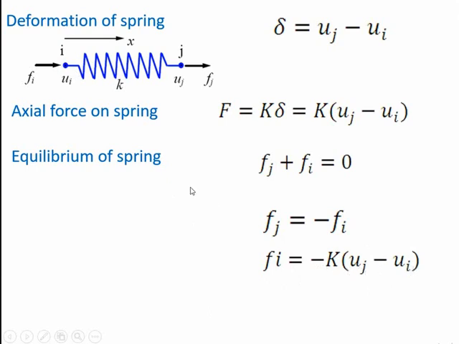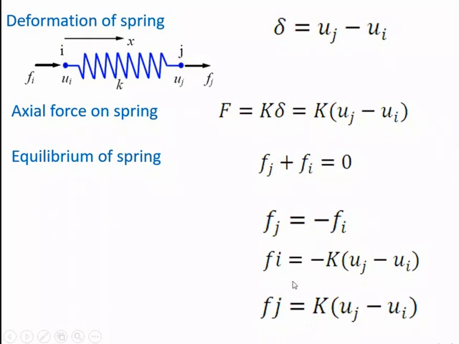Now the same thing when I repeat for node number J, I can write Fj is equal to K into Uj minus Ui. Now you see here Fi is equal to minus K Uj plus K Ui, or it is K Ui minus K Uj. Now Fj is equal to K Uj minus K Ui, or I can write Fj is equal to minus K Ui plus K Uj.